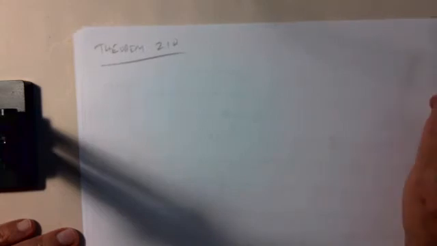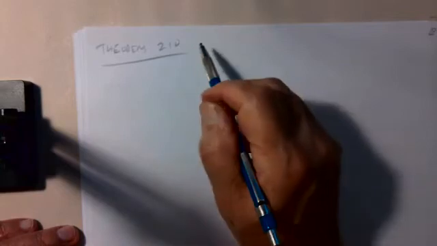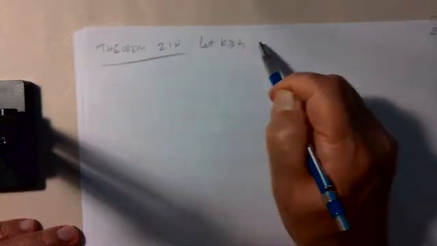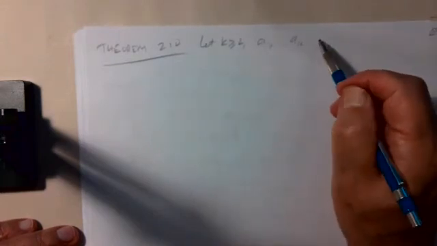Theorem 210. So this says: let k be at least two, a1 up to a sub k integers.